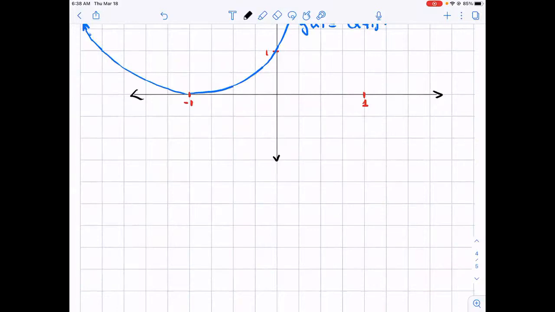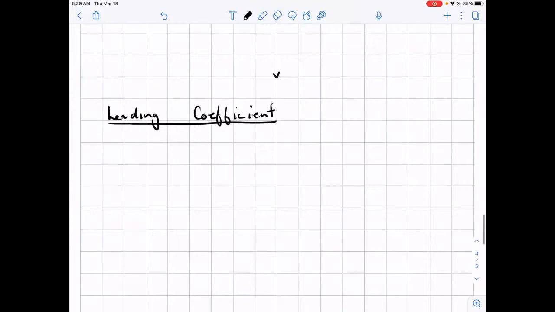So let's look at the leading coefficients now. What do we mean by the leading coefficient? Now, if I give you f of x is equal to x squared, the leading coefficient here is 1.